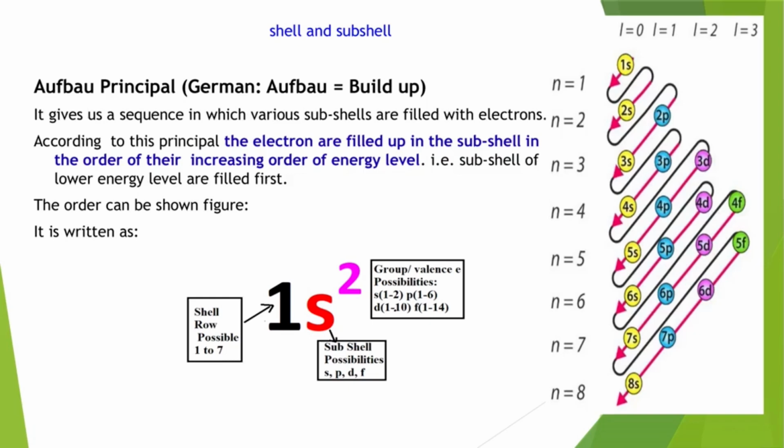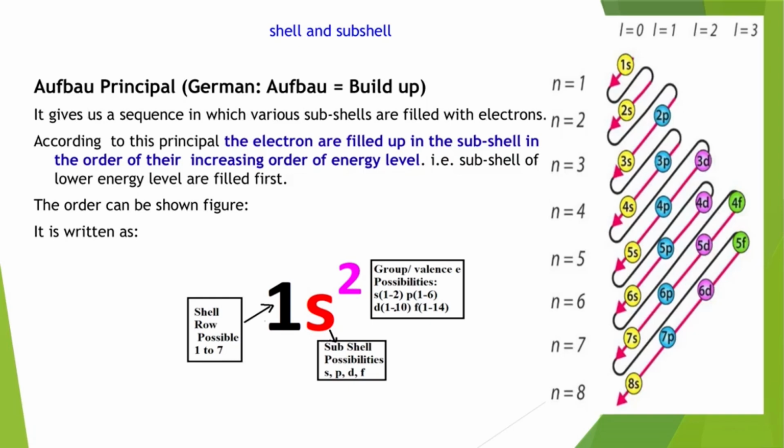So 1s, the capacity is 2, then after filling that it will go to 2s, then 2p, and after that 3s and 3p, 4s, 4p, in that manner it will go. According to this principle, the electrons are filled in the subcells in increasing order of their energy level.